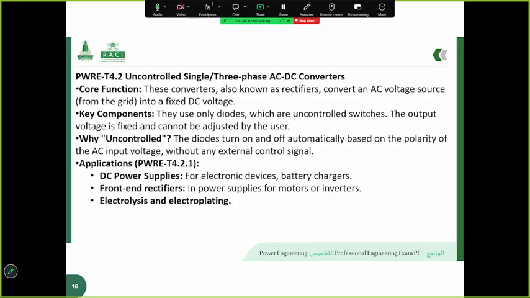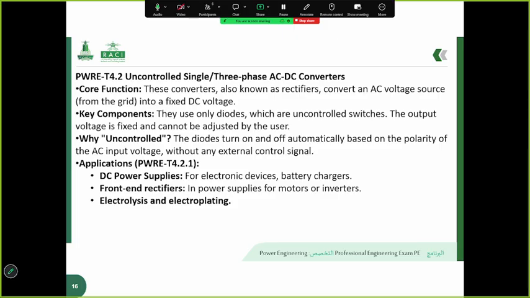These converters are called uncontrolled because they use only diodes as switching devices, and the conduction of the diodes occurs automatically according to the polarity of the input AC voltage without requiring any external control or gate signals. As a result, the output DC voltage is fixed and cannot be actively adjusted by the user.